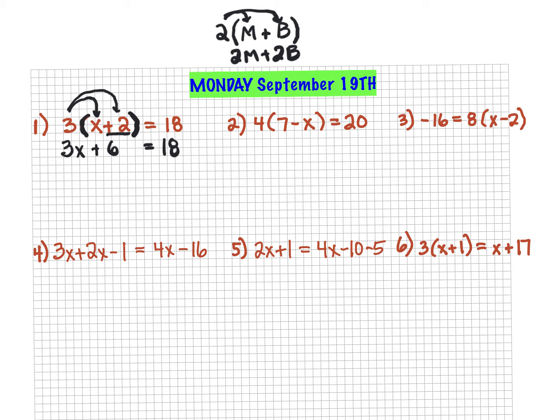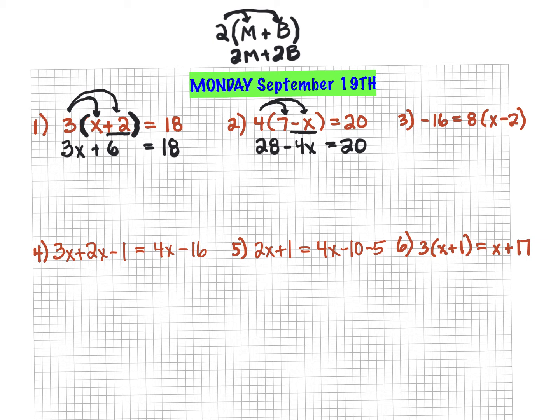I can move him over, and then I can divide. Then I can do top versus bottom. Same thing over here on number 2. 4 times 7 is 28. And then 4 times negative x, because the whole term is negative x, we get negative 4x equals 20.